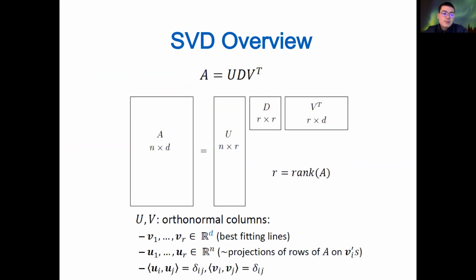The second thing we want you to memorize is the form of SVD. For an A matrix with n rows and d columns, when you call SVD, it gives you 3 matrices: the first is a U matrix, the second is a D matrix, and the third is a V matrix, written in transpose form.